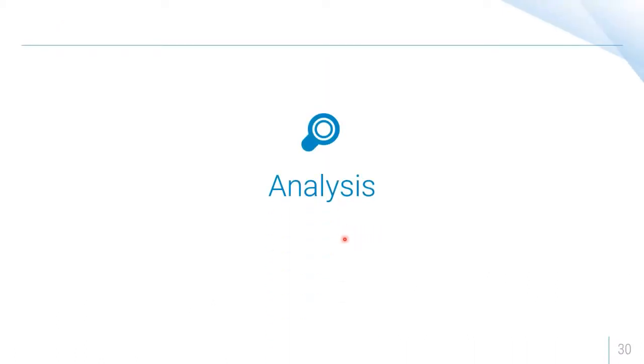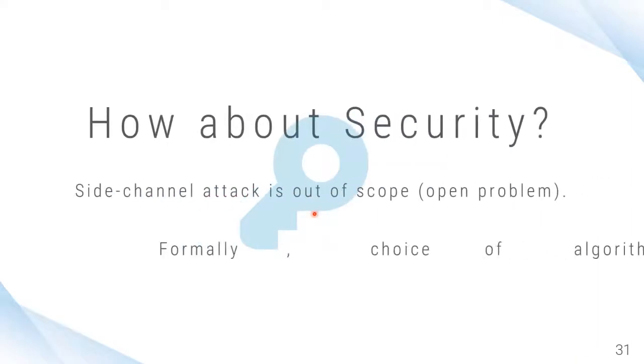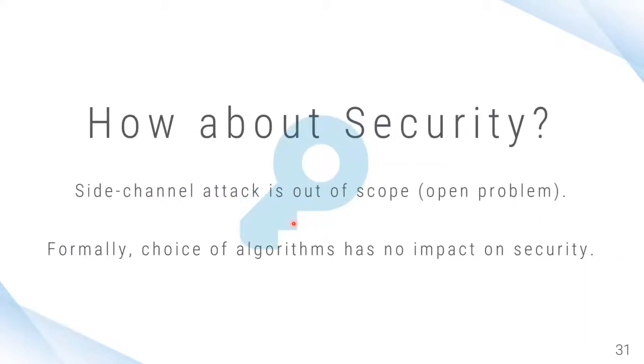Last, I will show an analysis of the proposed algorithm. As we are cryptographers, we must be concerned about the security. In this study, side channel attack or implementation attack is out of scope, and such security evaluation is left as an open problem.